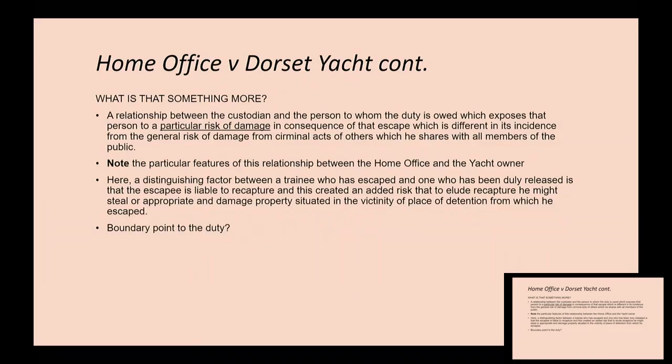Now this particular system increased the risk of escape of the Borstal boys, unless due care was taken by those responsible for their supervision and custody. Second, these Borstal boys were known to escape and steal things and had done both these things before.